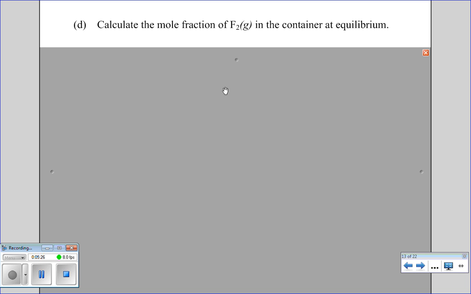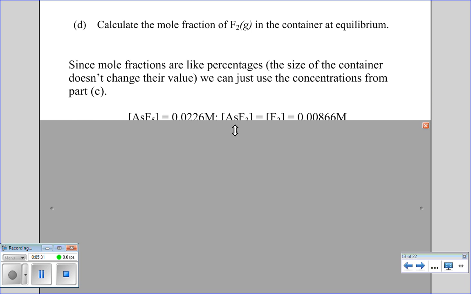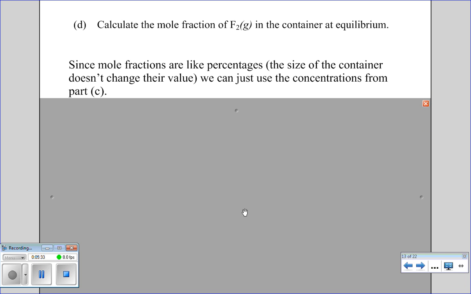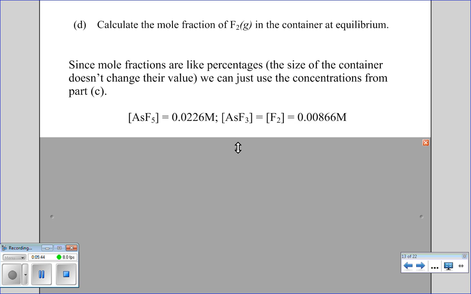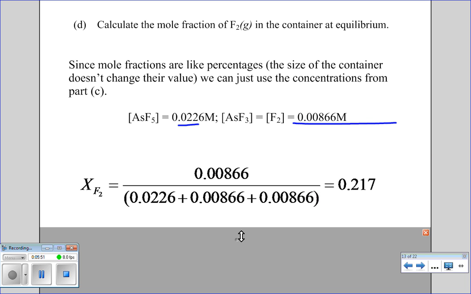To find the mole fraction of F2 in the container at equilibrium, you have to remember that mole fractions are like percentages, and it doesn't matter what size that container is. So we can use the concentrations from part C. It makes it a lot faster because since I know all these concentrations from part C, I can simply put in my concentration of F2 divided by my total molar concentration.